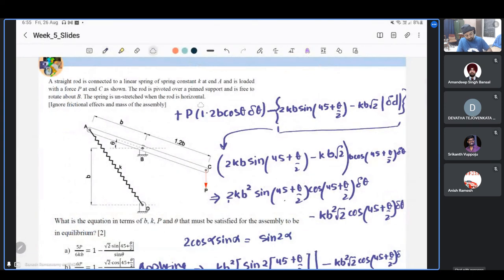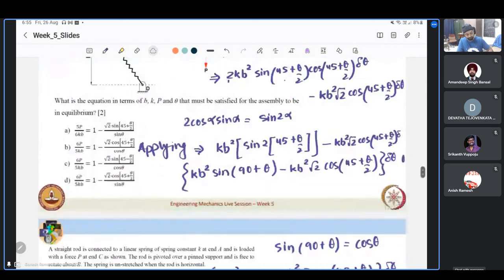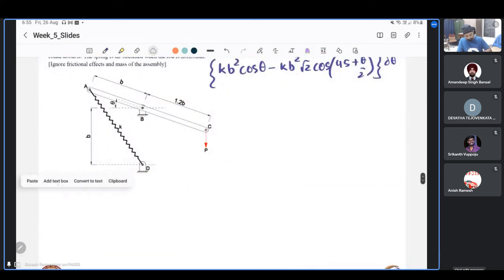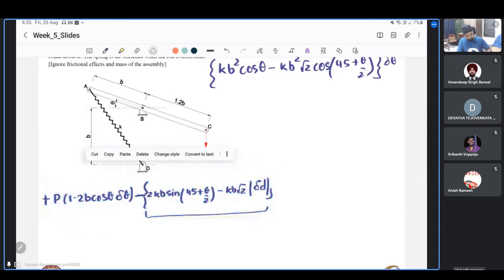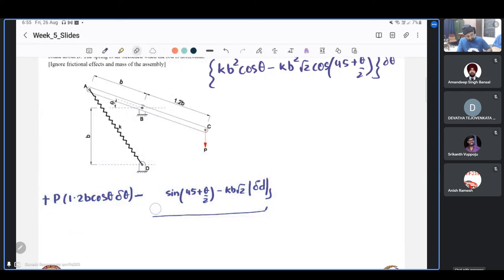So now if I write this entire thing again, I can just go ahead and erase this and write out what we have got, the simplified version of it.